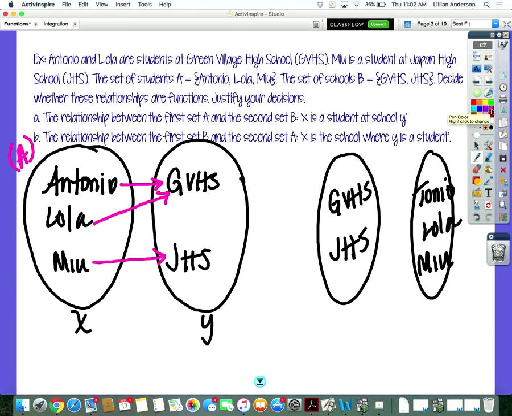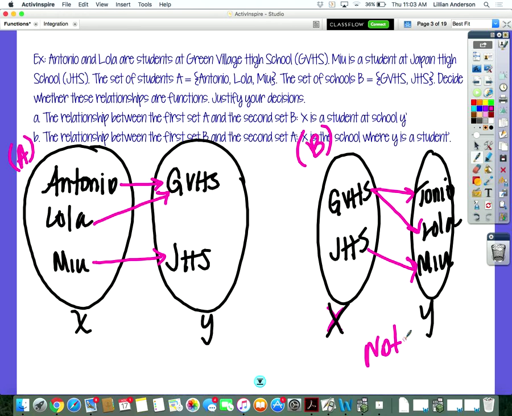GVHS is going to have two arrows coming from it, isn't it? And this right here does not hold true, there's not one and only one Y for each X. You see that? This time, with this being your inputs and outputs, B is an example of it not being a function, but A is a function.